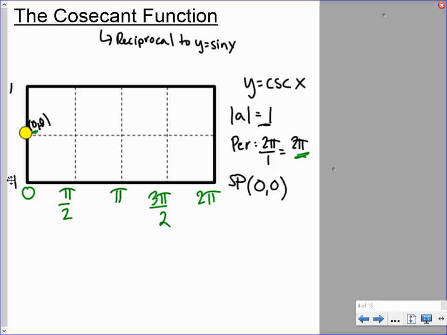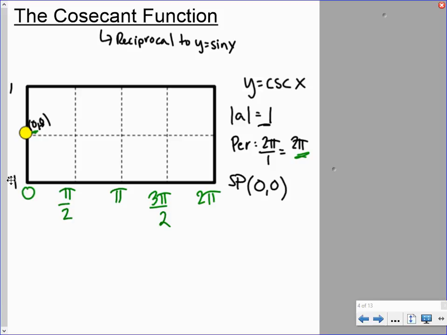So if we're talking about cosecant now, what we want to do with those y values is use their reciprocals. So let me ask you this. If we're starting at angle 0 and the sine value is 0, what is the reciprocal to 0? Undefined. That means that on our graph, wherever sine would have been 0, we will have asymptotes.